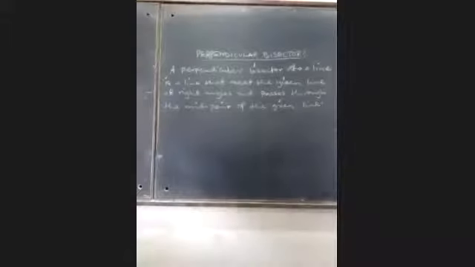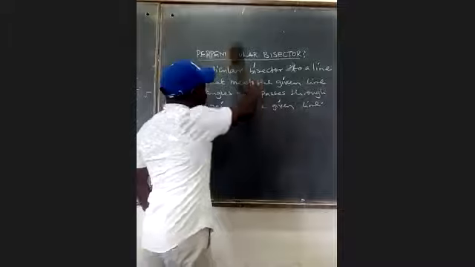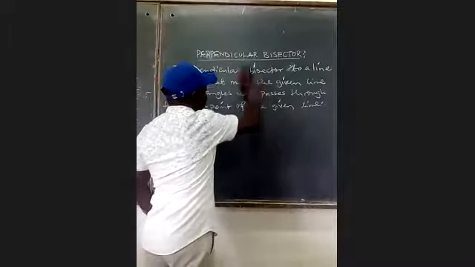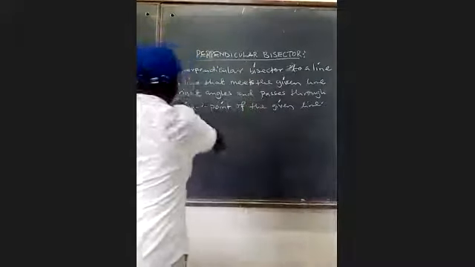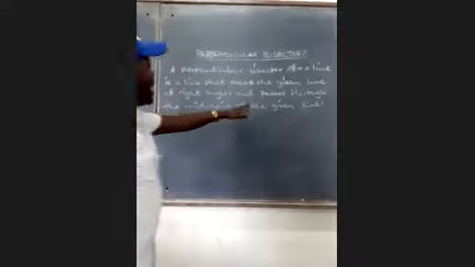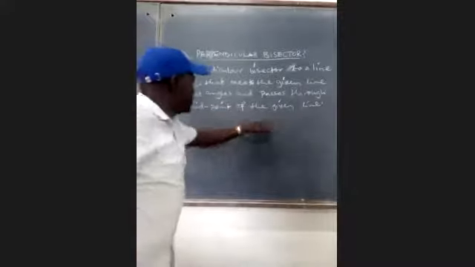A perpendicular bisector to a line is a line that meets the given line at right angles and it passes through the midpoint of the given line.